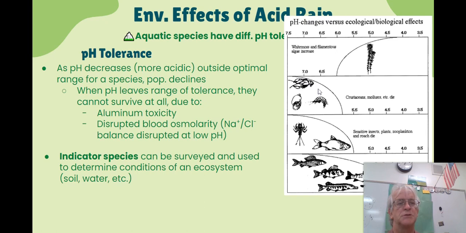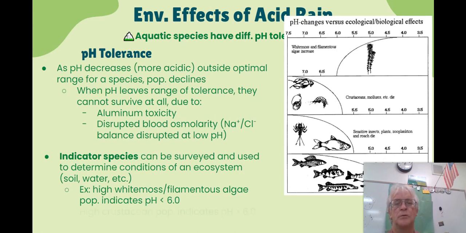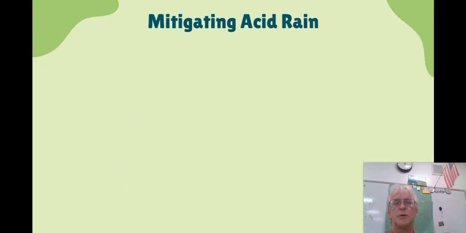Here we have some crustaceans that die off. Fish and so forth are going to be dying off. So indicator species are going to have problems there. For example, the white moss or algae population indicates a pH of less than 6.0. High crustacean population indicates a pH greater than 6.0.